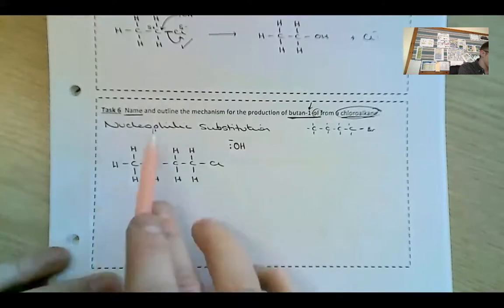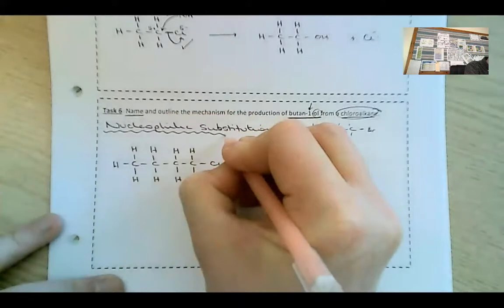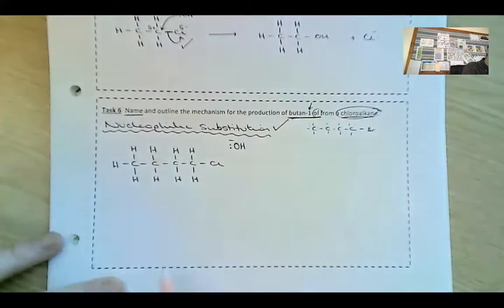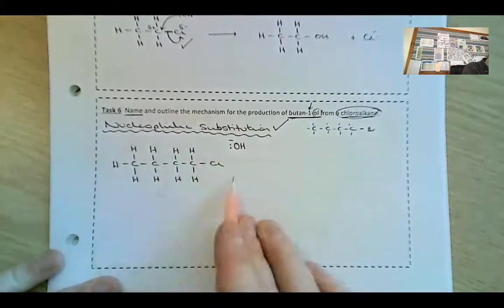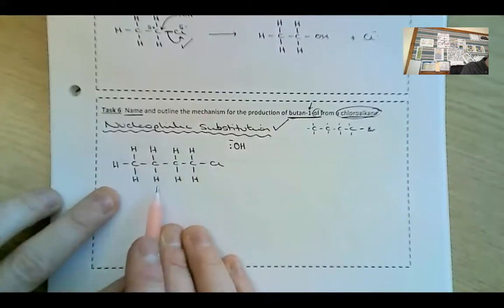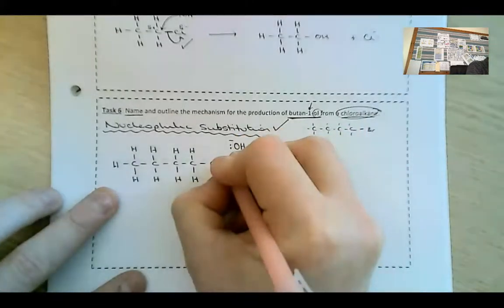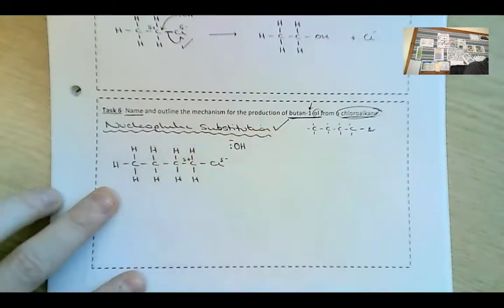Okay. Now it says name and outline the mechanism. So this time we've got to name it. Nucleophilic substitution, 1 mark. Here's the correct starting material. Again, it didn't tell us to use 1-chlorobutane. It just said a chloroalkane. So we've had to work that out. Our hydroxide ion, and we have the same delta plus and delta minus charges.